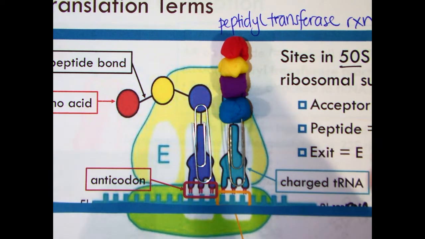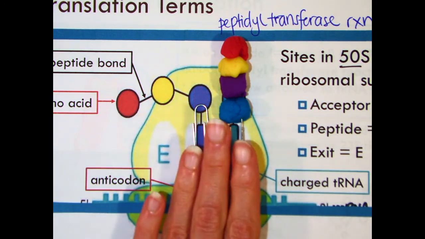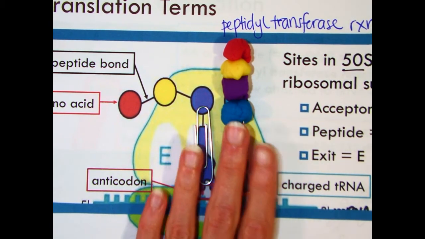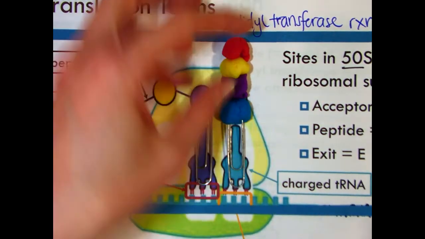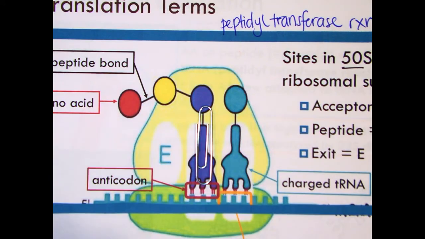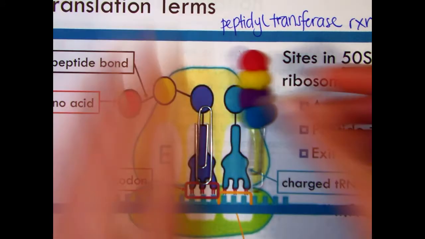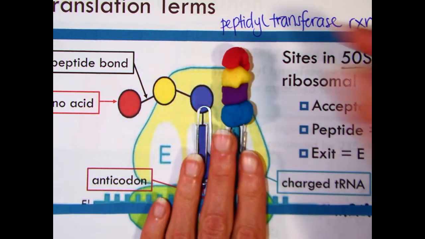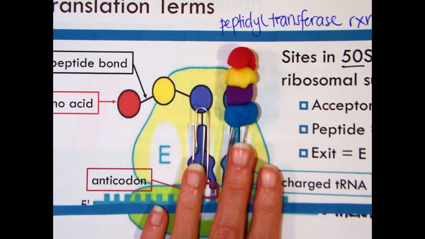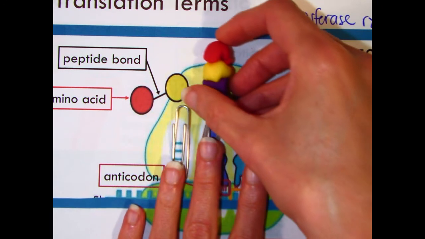Okay, so the ribosome actually moves, but I did not figure out how to do that with the paper. And so we're going to pretend like the ribosome stays the same, and we're going to move everything else. Okay, so the ribosome moves, and so we're going to slide it down.